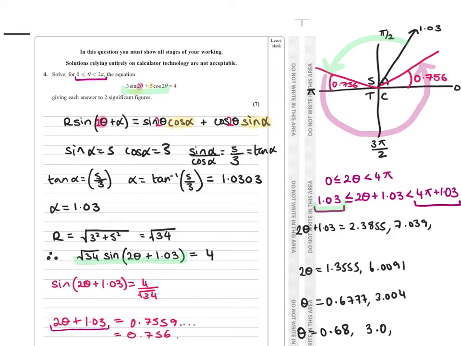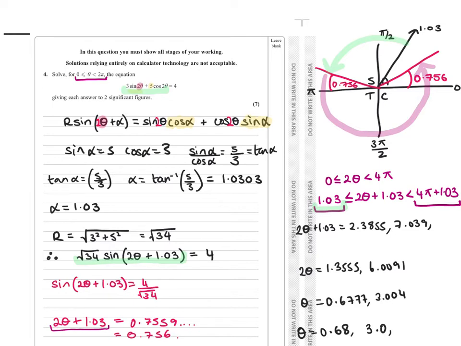Okay, now the reason why I've done it this way is because actually earlier what I did was I had 7.039, and obviously it goes on. If you put into your calculator 7.039, then you minus 1.03, then you divide it by 2, I get 3.0045, but what I did was I did 7.04.